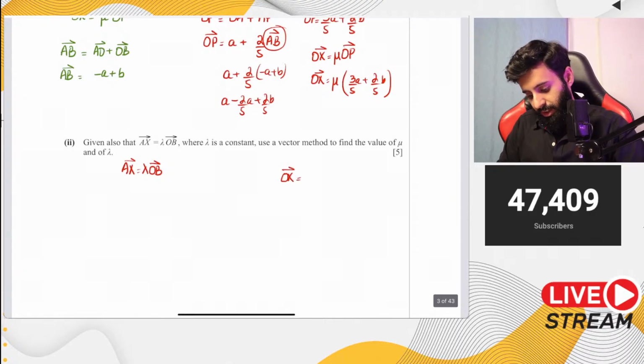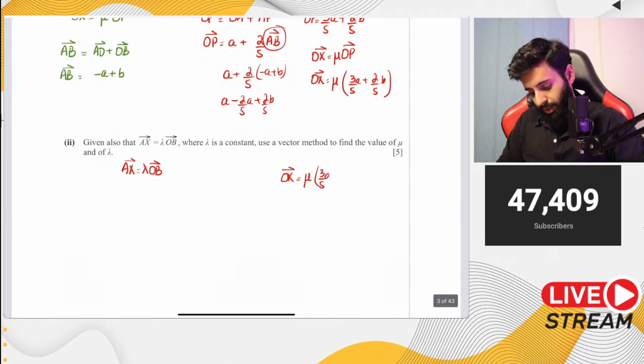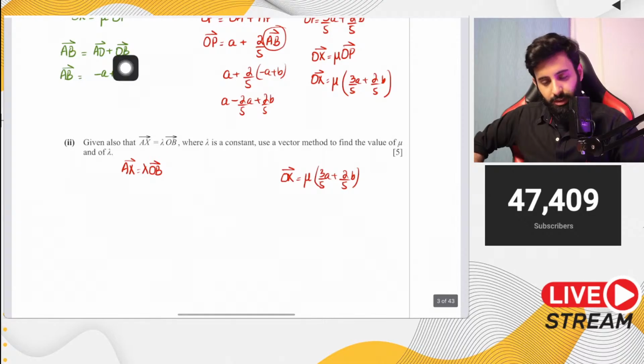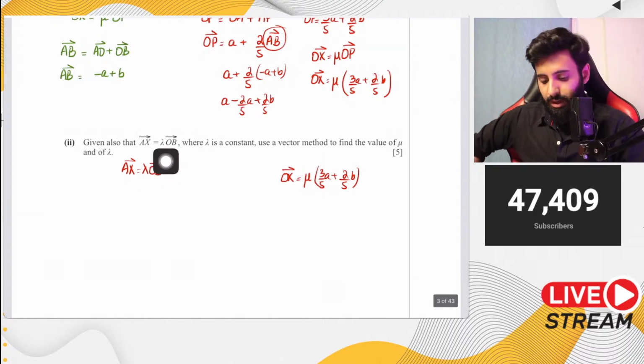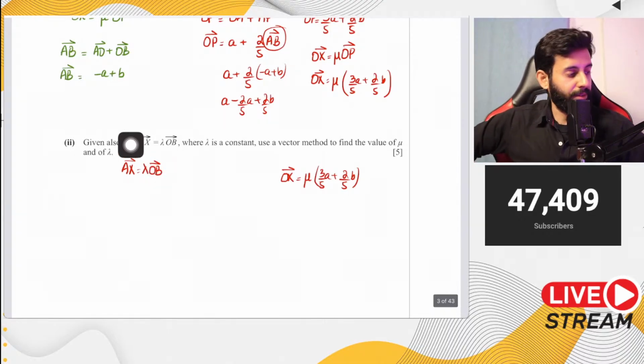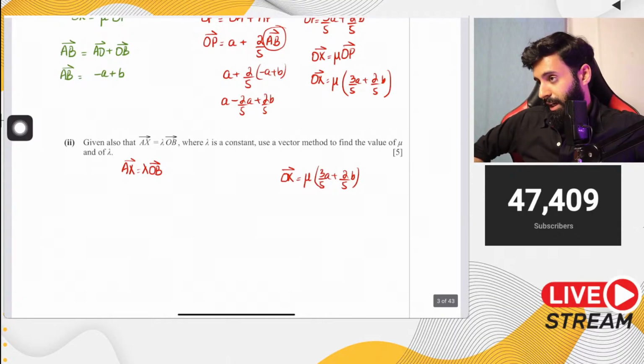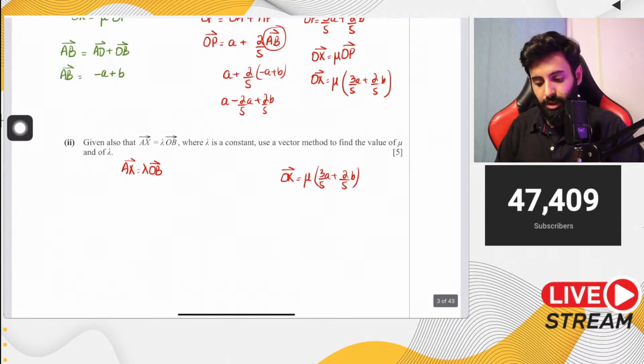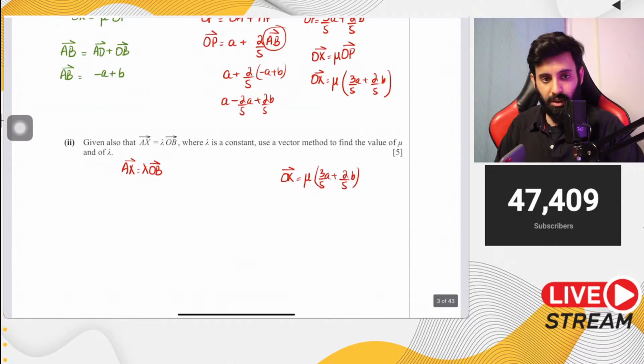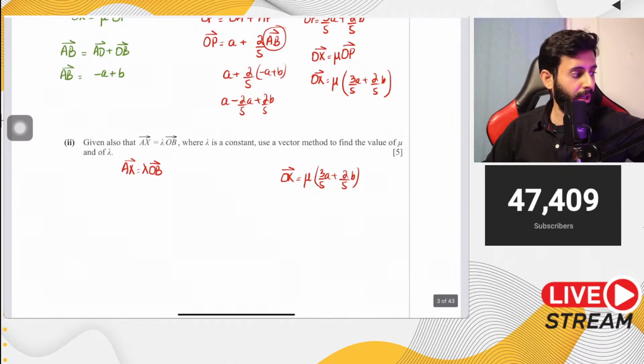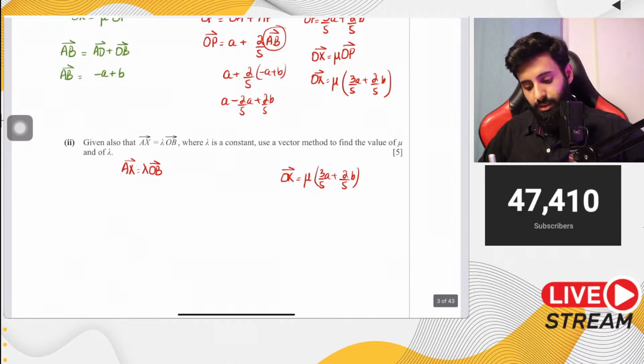So notice that here I have OX, which is mu times 3/5 of A plus 2/5 of B. Now all of a sudden the question has introduced lambda, which I have to find. So I'm going to find OX again, but this time I'm going to do it in terms of lambda.